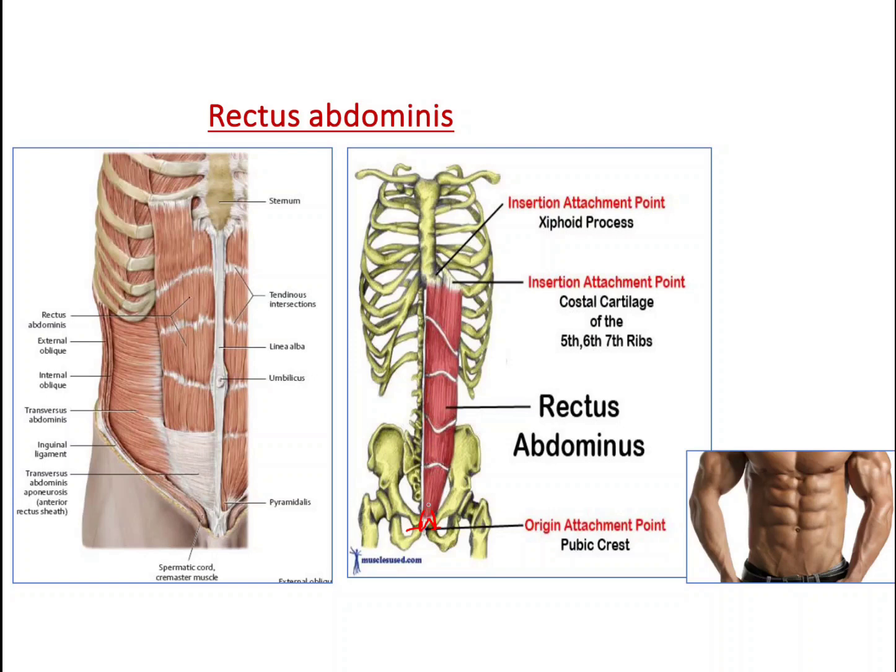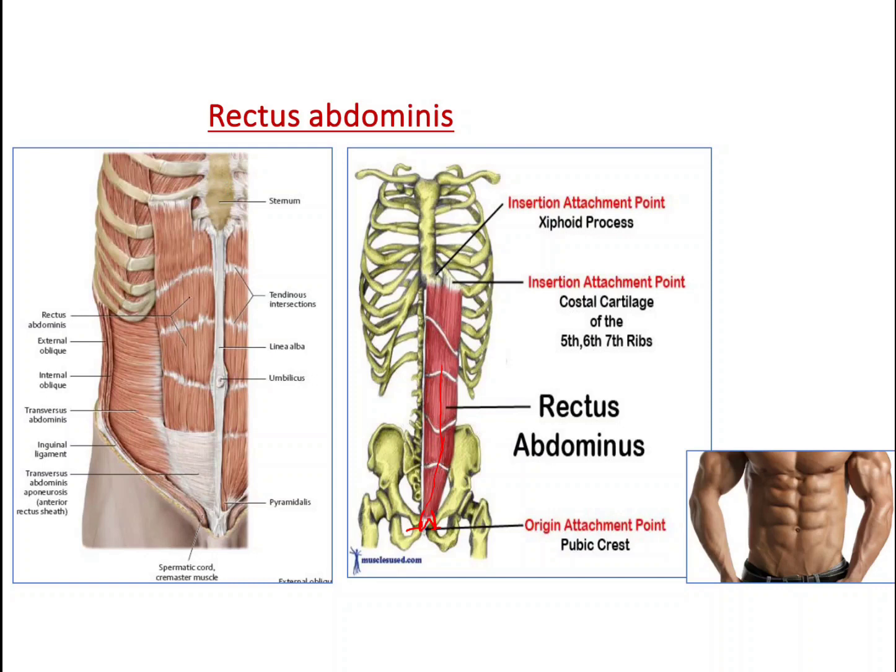The muscle fibers run vertically upwards on either side of the linea alba, and get inserted onto the 5th, 6th and 7th costal cartilages.